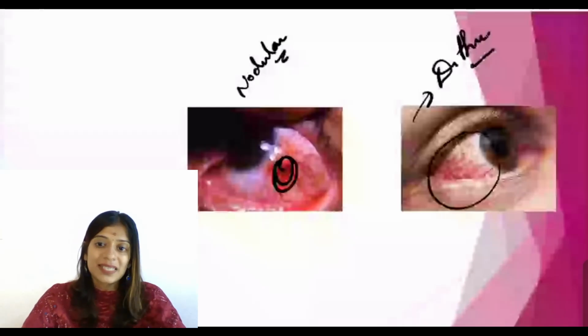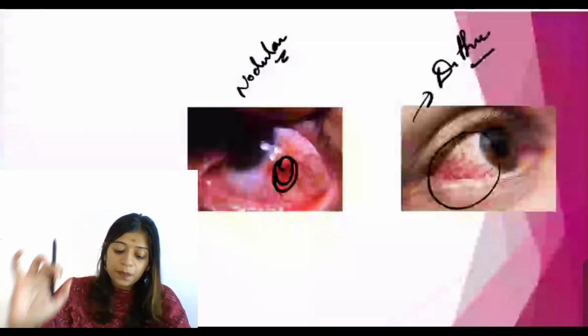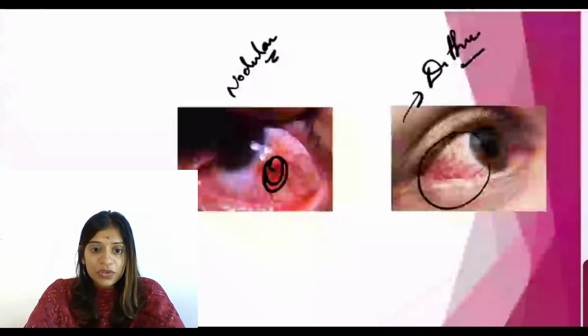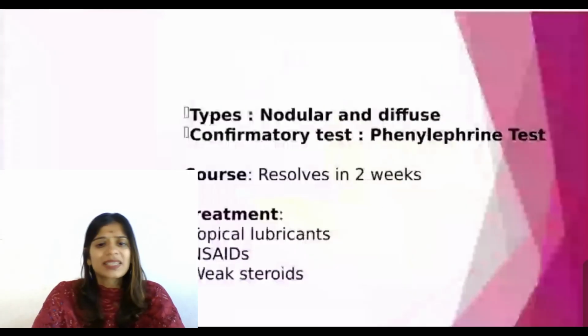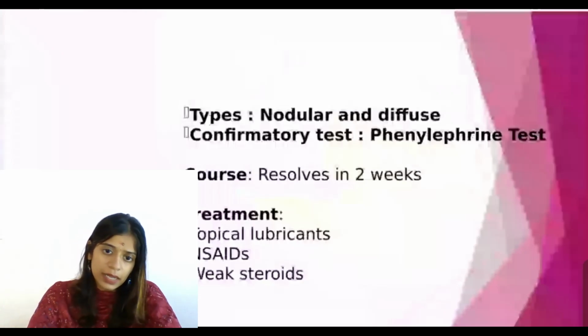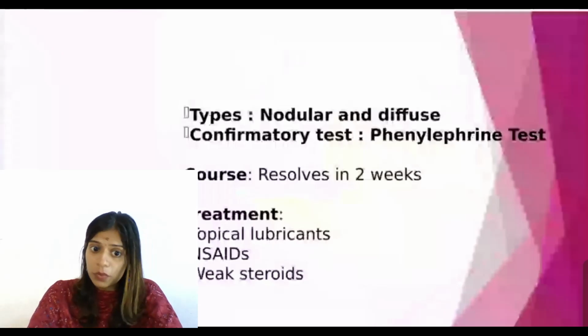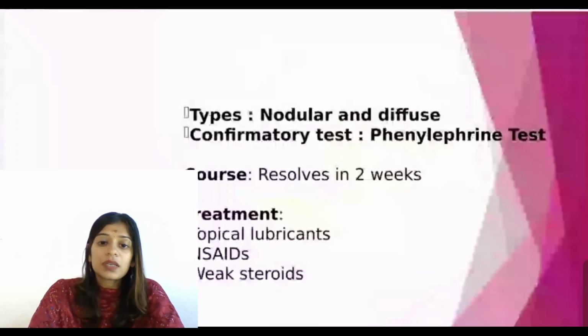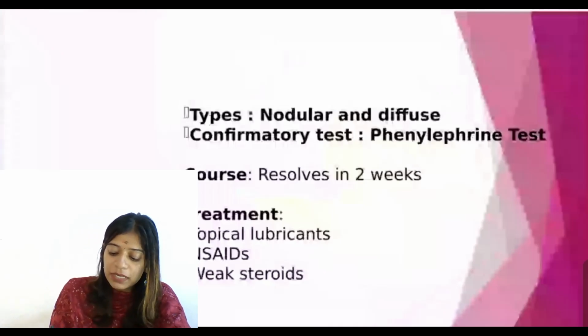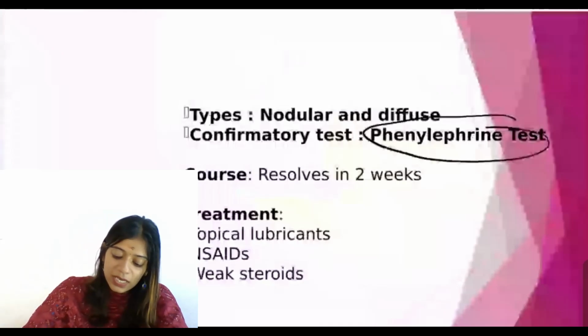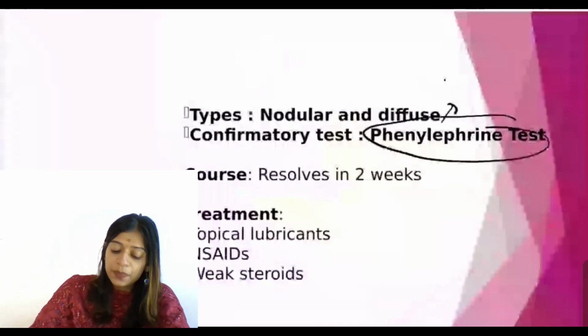Now we have a confirmatory test. Scleritis is inflammation of the sclera. Scleritis and episcleritis look almost the same. So we need to differentiate them, and for that we have a test called the phenylephrine test. Very important. This is the question that will come from this topic.